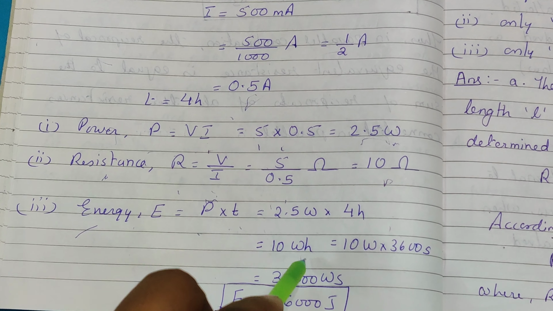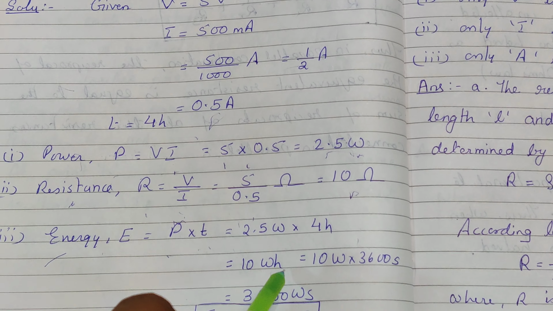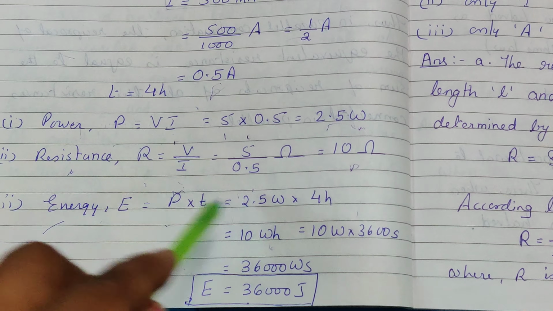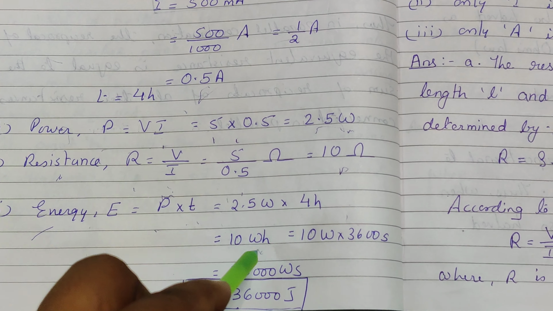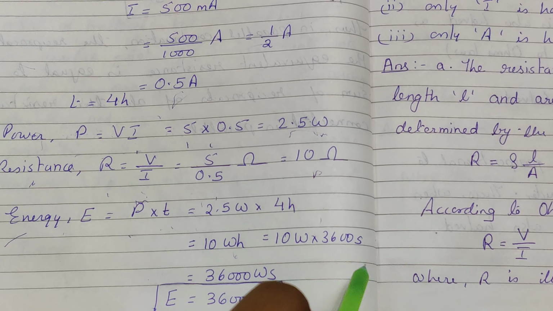Now we have to convert into watt second, because the SI unit of energy is joules. So we have to convert this into joules. What is a joule? A joule is a watt second.